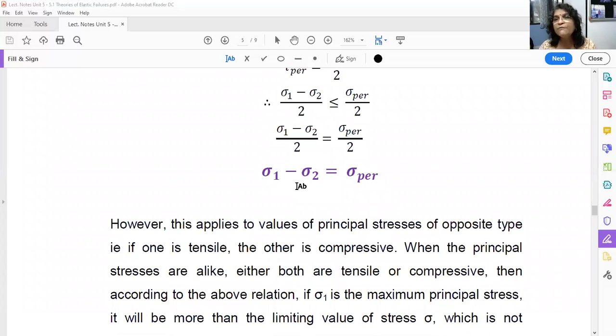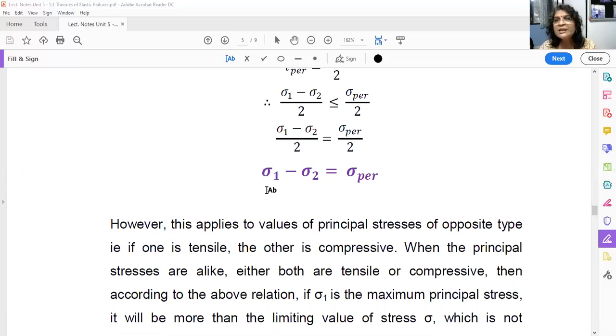It proves very good for ductile material. Now see, this formula is good when sigma 1 and sigma 2 are opposite. You know, maximum principal stress and minimum principal stress both may be tensile, both may be negative, or one is tensile and the other is compressive. Tensile means positive, compressive means negative.